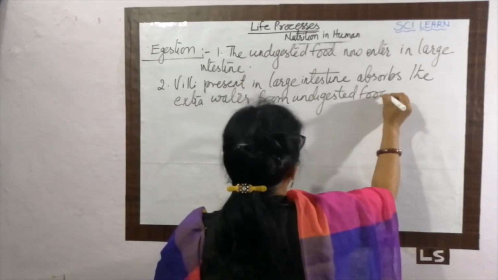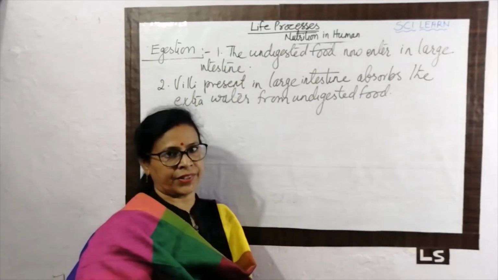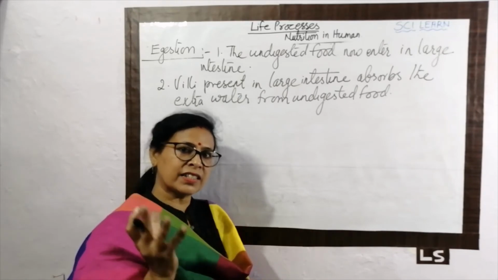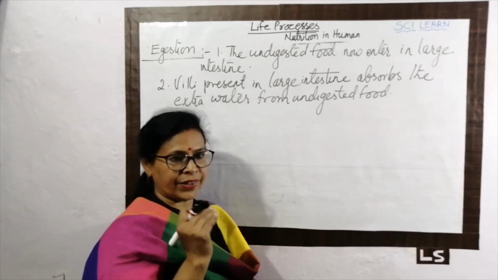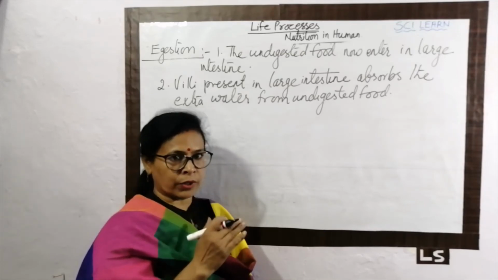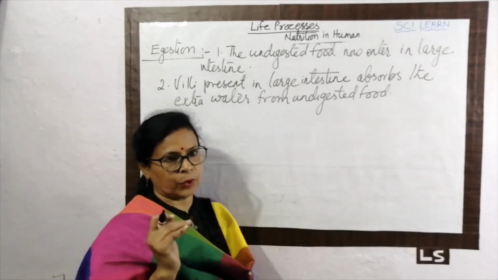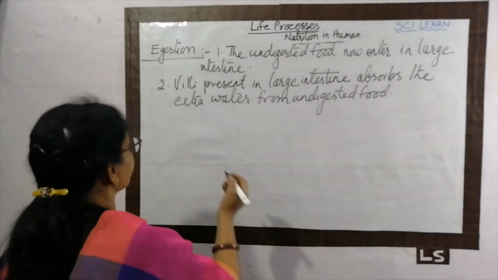If all the water passes out from here, then our body gets dehydrated. So it is very important that the large intestine absorbs the extra water, which keeps our body hydrated. After removing the water, the rest of the material is removed from the anus, in the form of feces or stool.